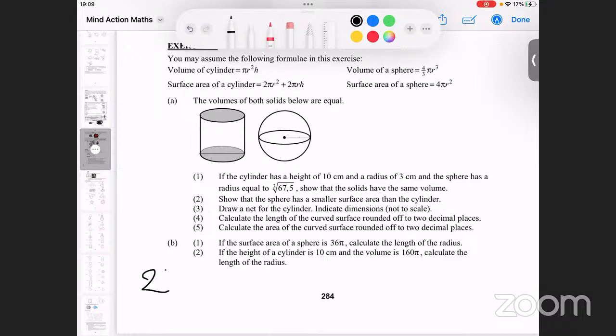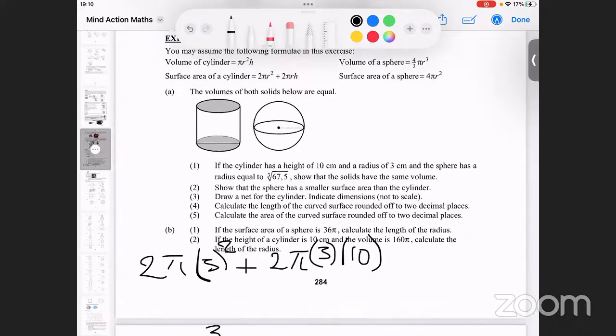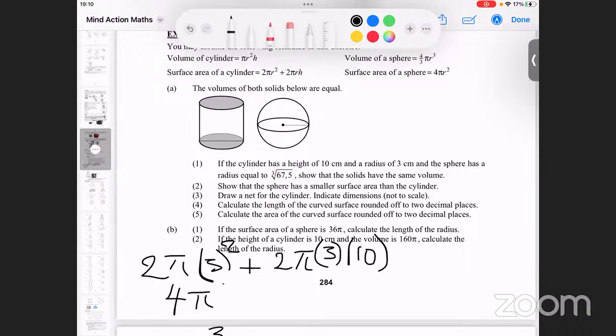Our r is 3, and our height is 10. For the sphere, we have 4 pi into the cube root of 67.5, squared.